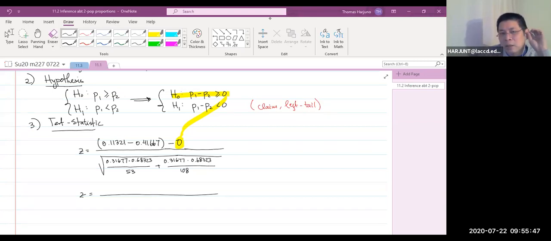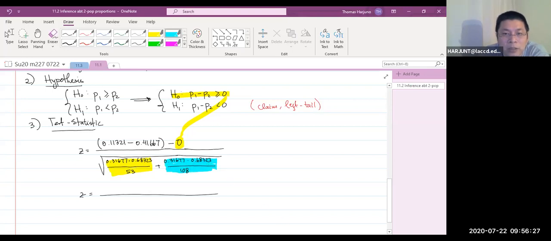Now the square root is a lot stronger than addition, multiplication, division. So once you start with the square root, your calculator assumes that's a grouping symbol right away. So 0.31677 times 0.68323 over 53. That's the first part. What I just did is this part here. Then plus the second part.